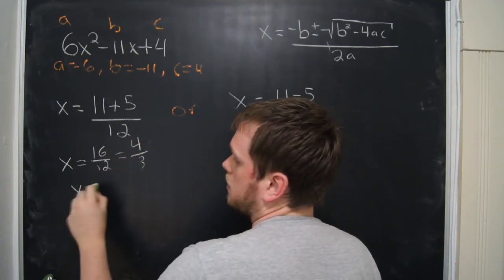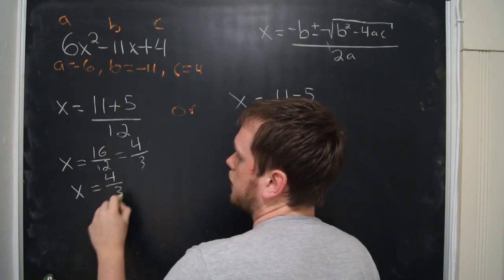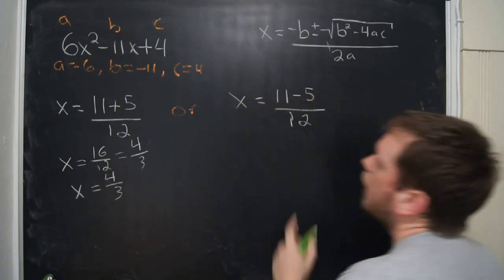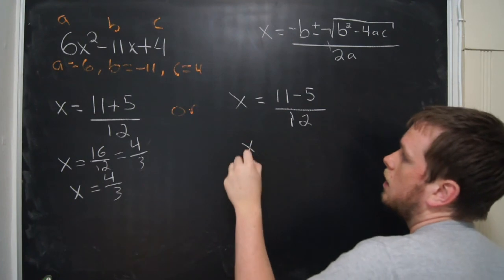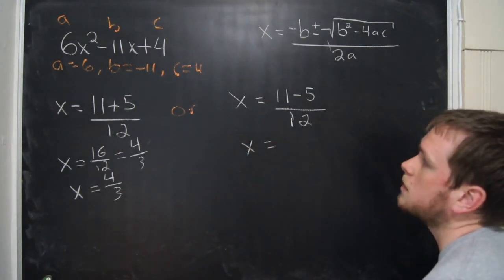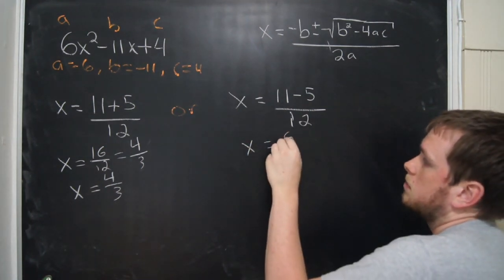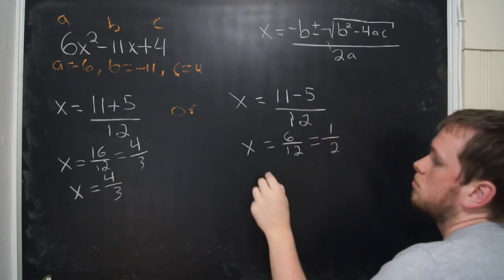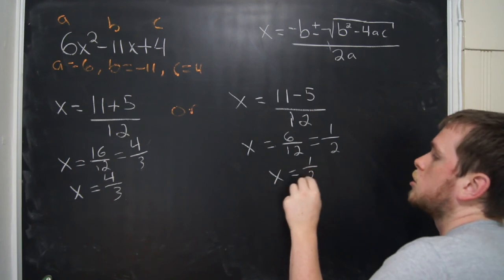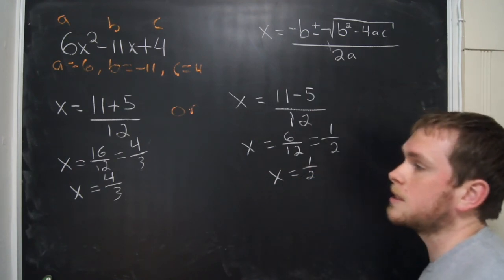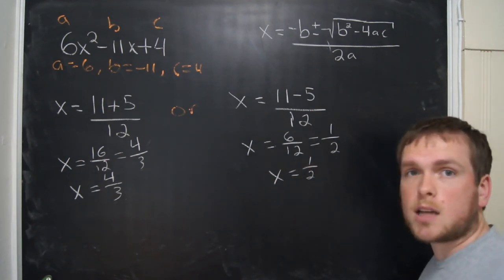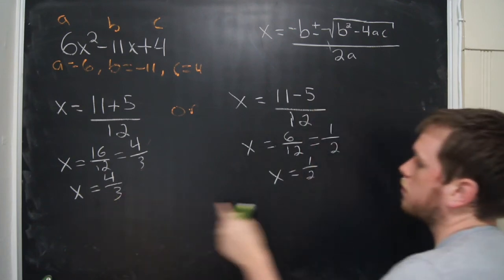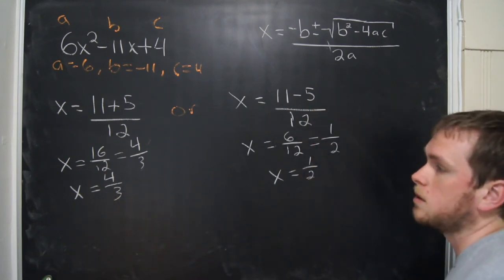So far we have x is equal to 4 over 3 for this one. Now let's look over here. x equals 11 minus 5, that would give us 6 over 12, which is 1/2. So if you were using the quadratic formula to get your solutions, you would be done right here. You have x equals 4 over 3 and x equals 1/2.